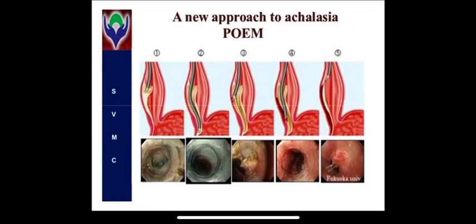A submucosal tunnel is formed and continued until 2 centimeters below the gastroesophageal junction, and then a cardiomyotomy is performed from about 10 centimeters above the gastroesophageal junction, wherein only the inner circular fibers of the esophagus are divided and continued up to 2 centimeters below the gastroesophageal junction. And then the scope is withdrawn and clips are placed to close the submucosal tunnel.